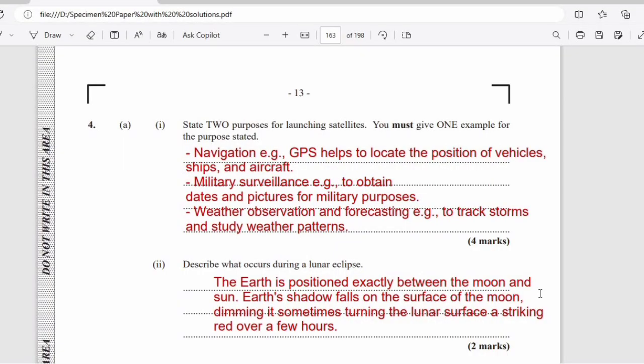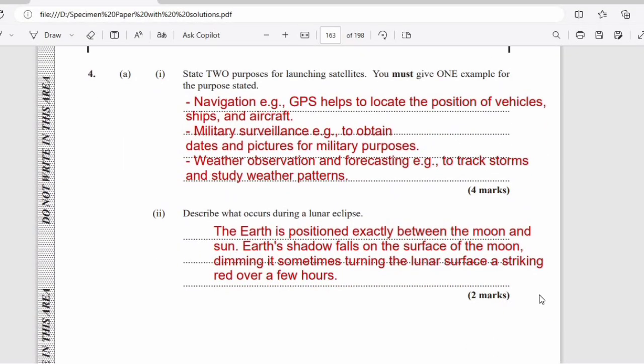Describe what occurs during a lunar eclipse. And if you've been keeping up, we have been having some lunar eclipses and solar eclipses. We've just been having eclipses these past 2 years. And so I think it's good to know the Earth is positioned exactly between the moon and the sun.